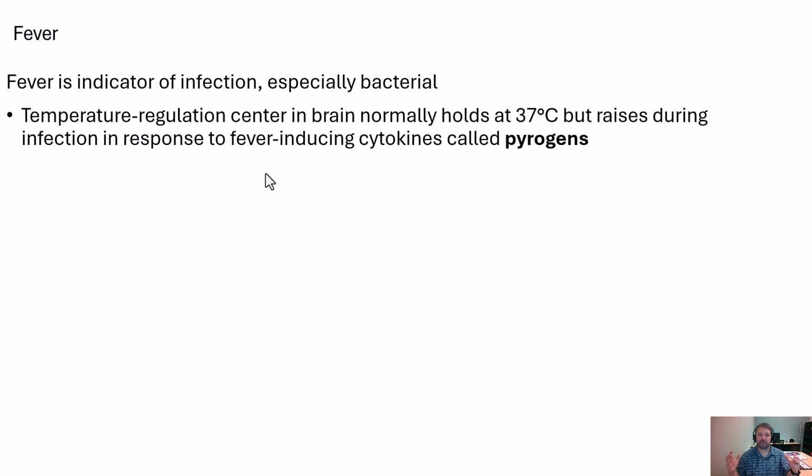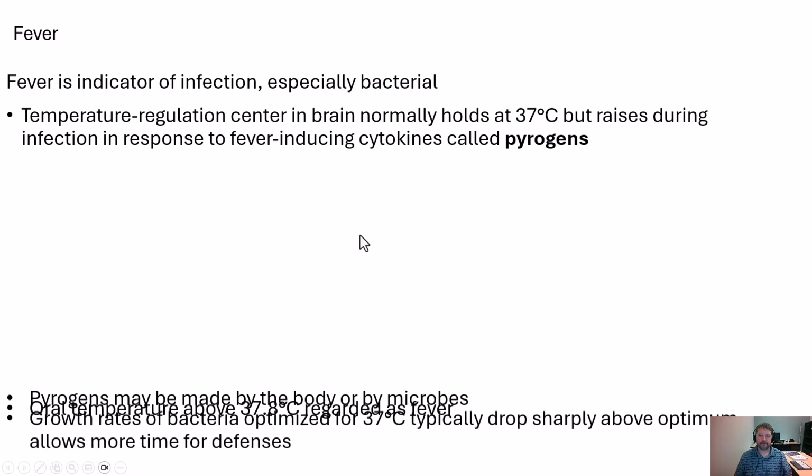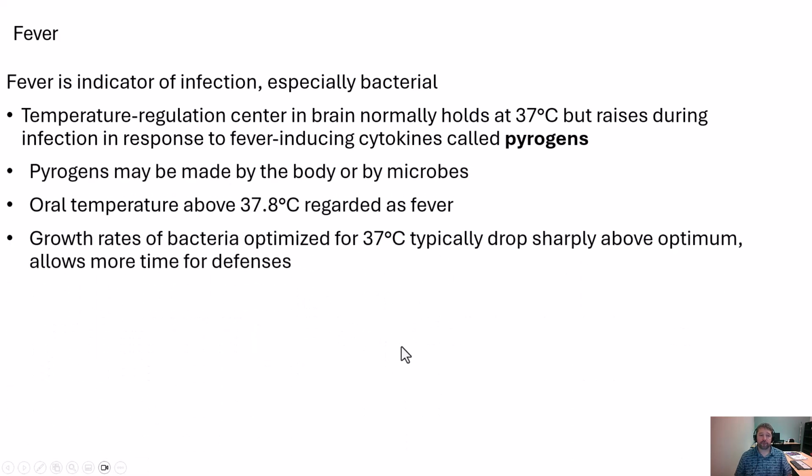It uses the metabolism in the body, the energy in the body, to increase its temperature. Okay? And there's lots of reasons for that. Again, if you can get the temperature of the body to be over the microbe's optimal temperature, then that microbe will start to die before the body starts to die.